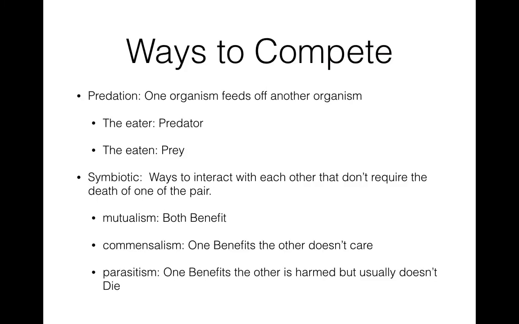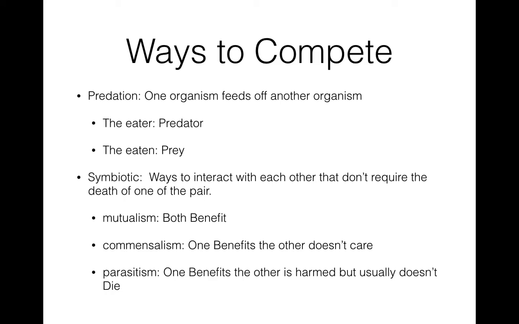And there are different ways you can compete. So predation, one organism feeds off another organism. The organism that is eating the other organism is called a predator. The one that is eaten is called the prey. So we have predator-prey relationships in predation. Symbiotic relationships are ways that organisms interact with each other that don't require the death of one of the pair.